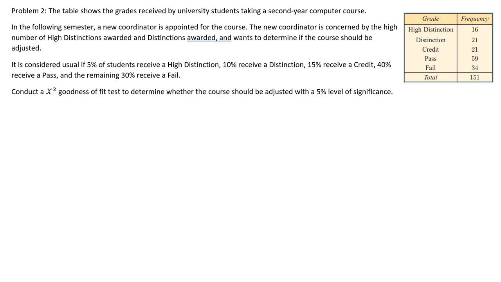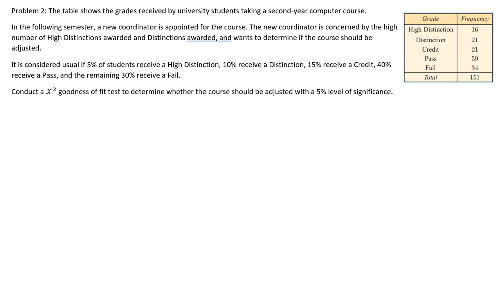It is considered usual if 5% of the students receive a high distinction, 10% receive distinction, 15% receive a credit, 40% receive pass, and the remaining receive a failing grade. Conduct a chi-square goodness of fit test to determine whether the course should be adjusted with a 5% significance level.